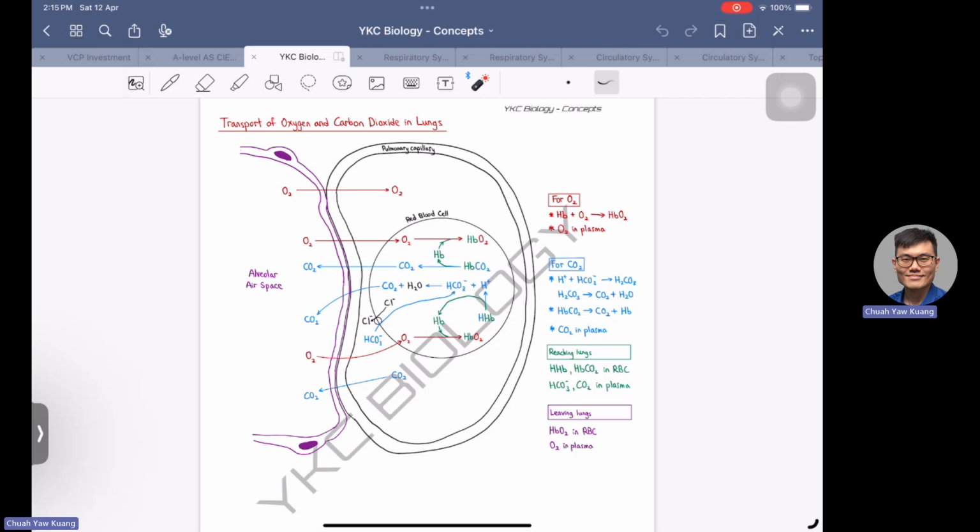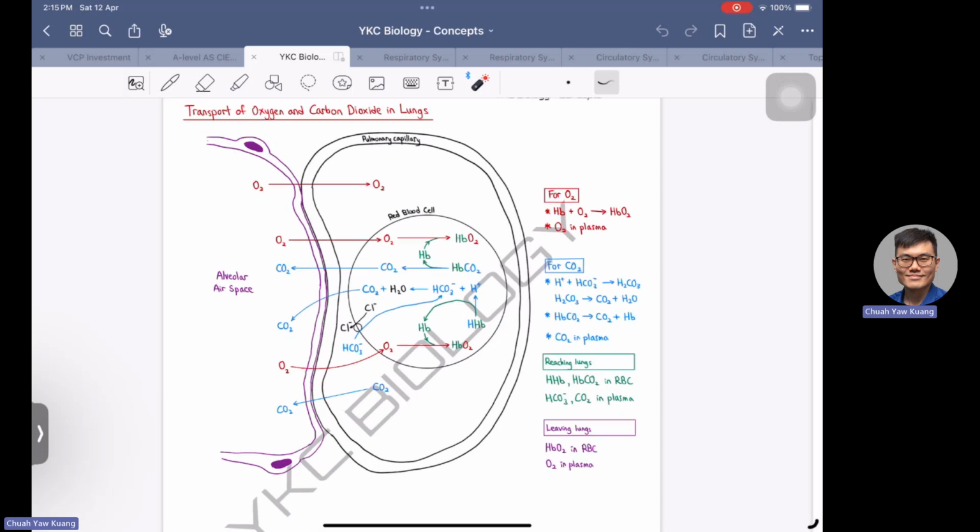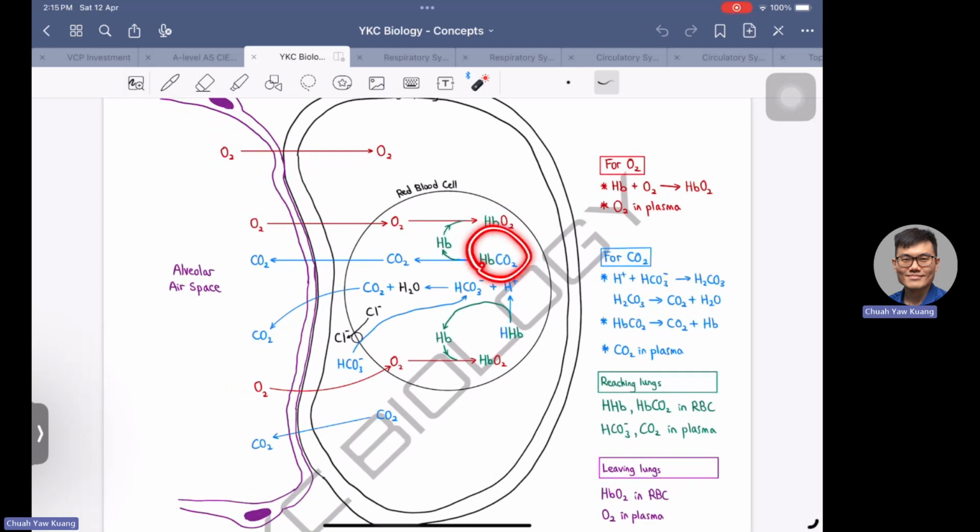So now in this part 2 video, we will learn how the loading of the oxygen and unloading of the carbon dioxide from this red blood cell occurs when the red blood cell reaches the lungs. When deoxygenated blood reaches the lung, it is full with the carbaminohemoglobin, HbCO2, the hemoglobinic acid, HHb, in the red blood cell, and also the bicarbonate ion and carbon dioxide in the plasma.